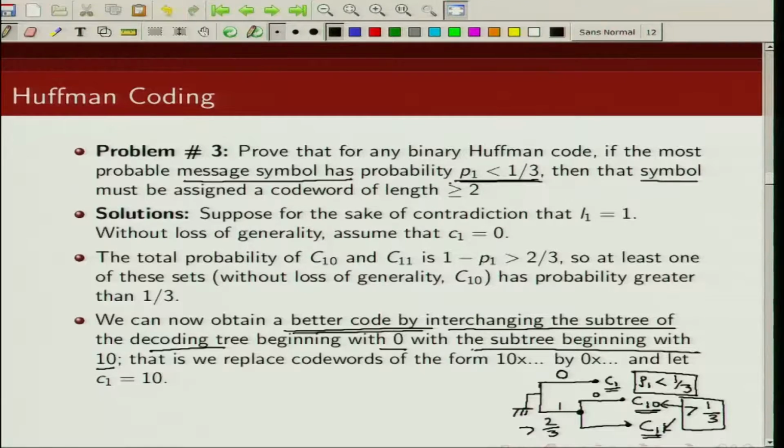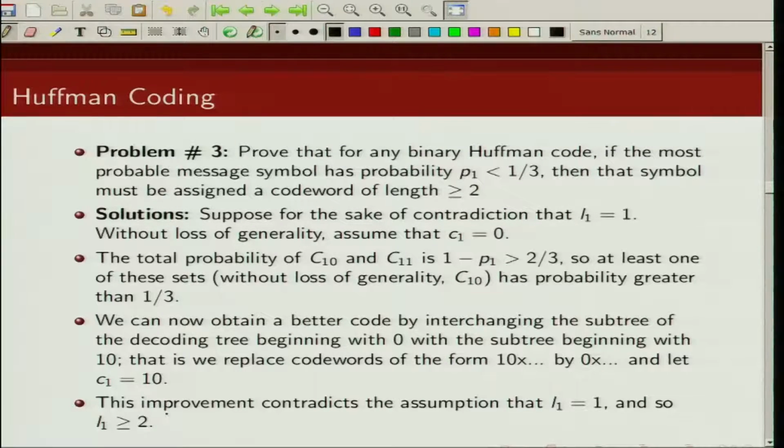Hence we have proved that this symbol, which is the most probable symbol and has probability less than 1/3, must be assigned a code word length of at least 2 for a binary Huffman code.